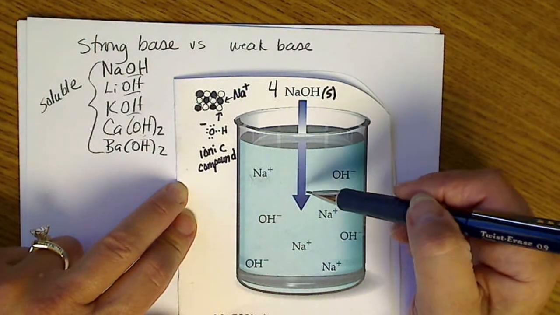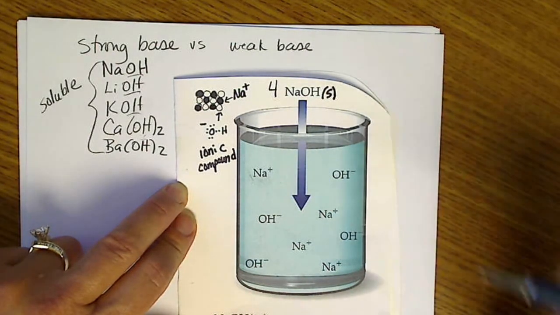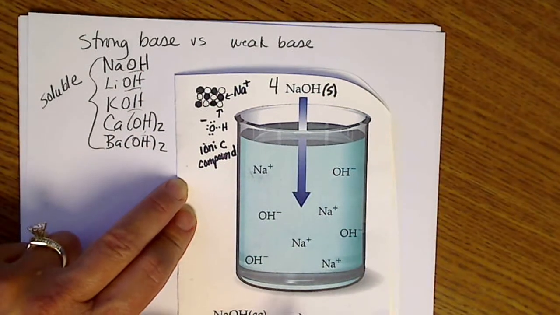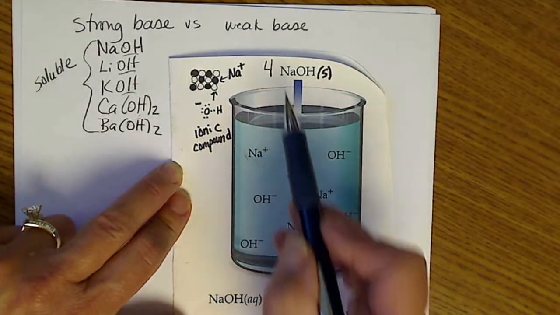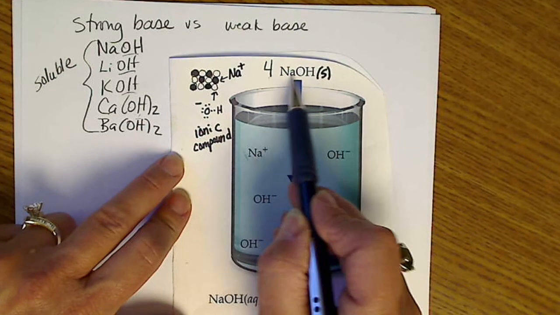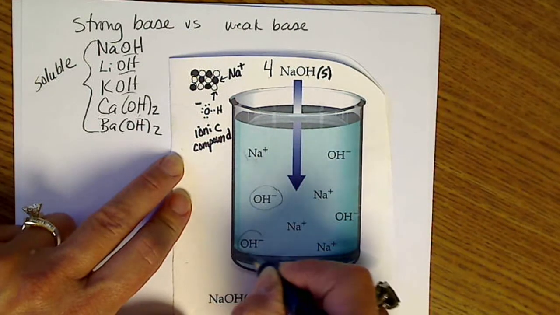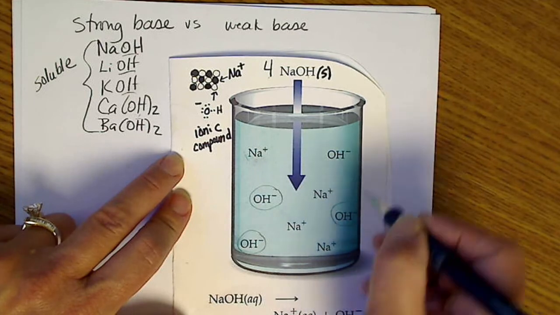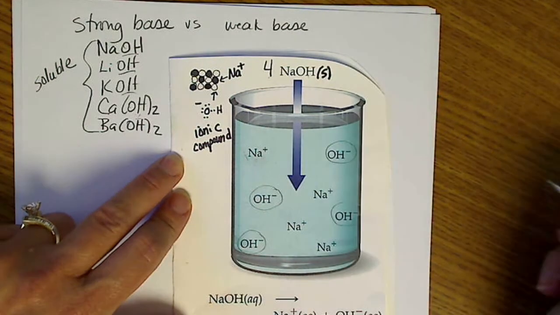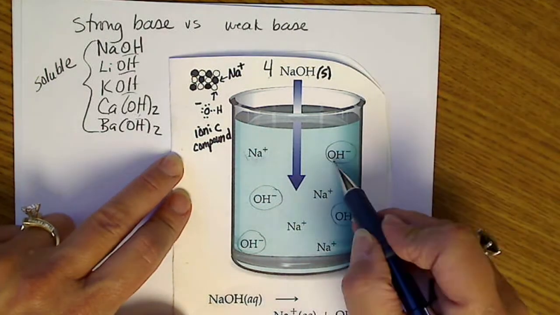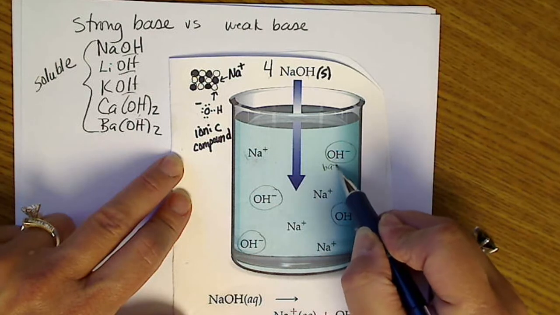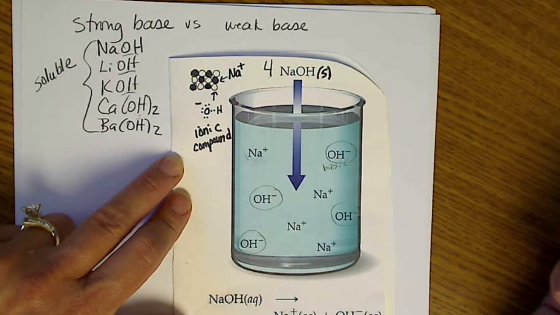And when we dissolve this in water, what makes this a strong base, again, is 100% dissociation. So 4 sodium hydroxide formula units are going to make 4 OH minus ions in solution. And this is what's going to make the solution basic.